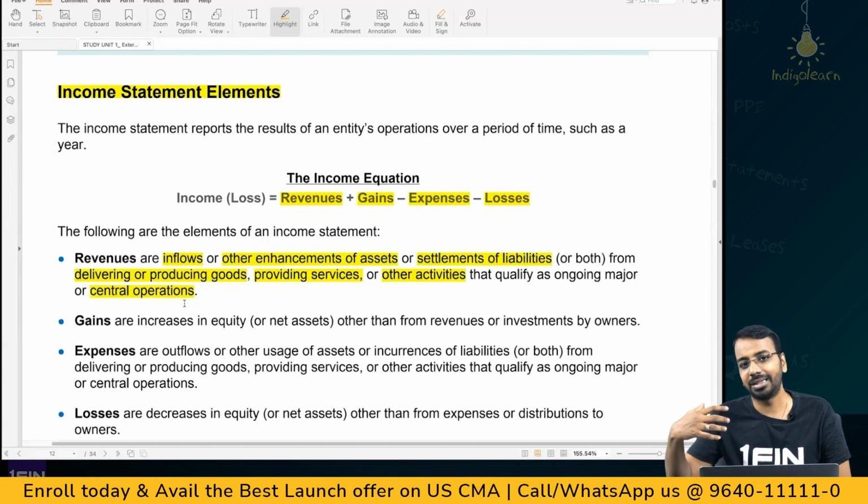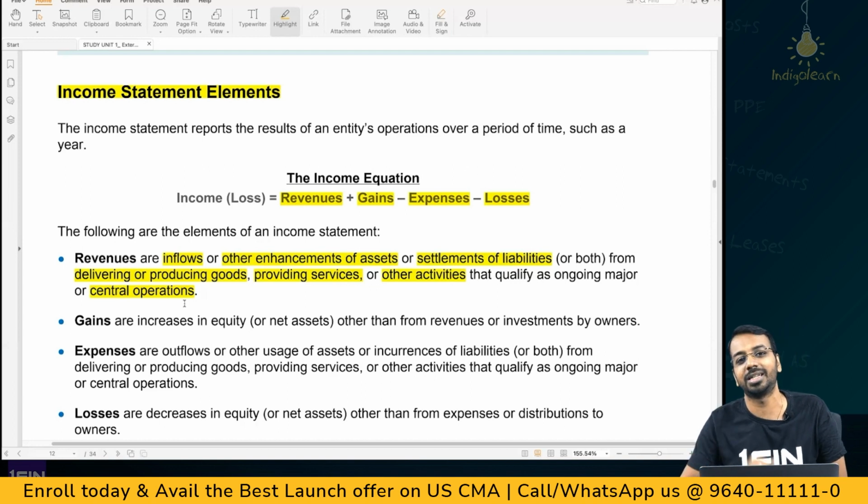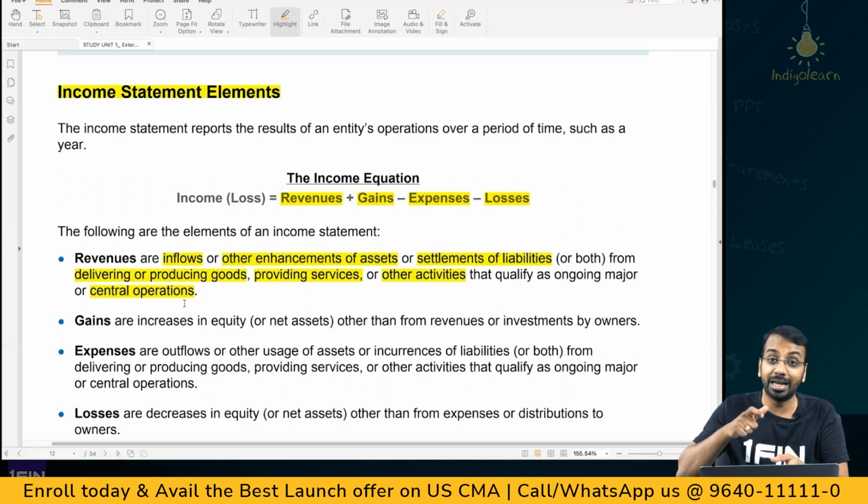That is why gain on sale of fixed asset, you don't say it is revenue. That is why interest on fixed deposit for a company like us, we will not say it is revenue. We will say it is other income, but we will not show it as revenue. So revenue has to be from central operations, and generally on the other side, there will be a customer.